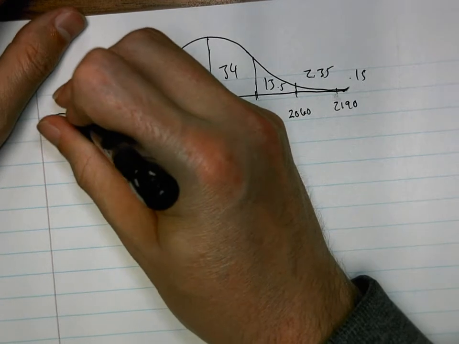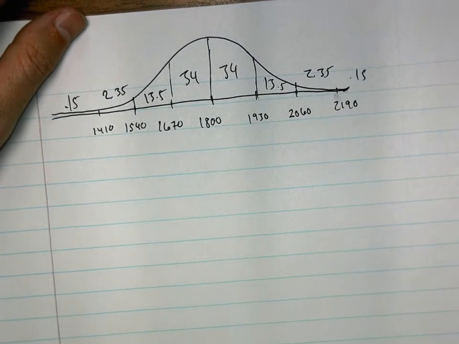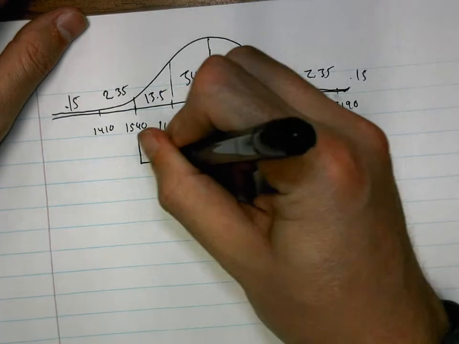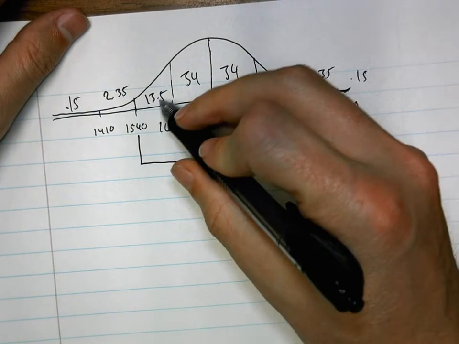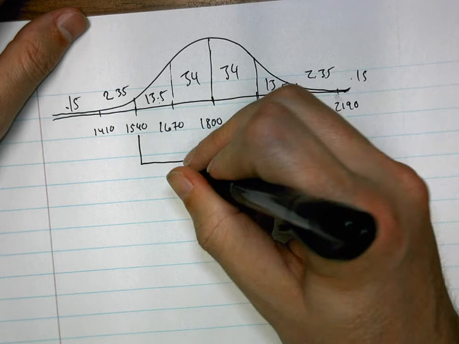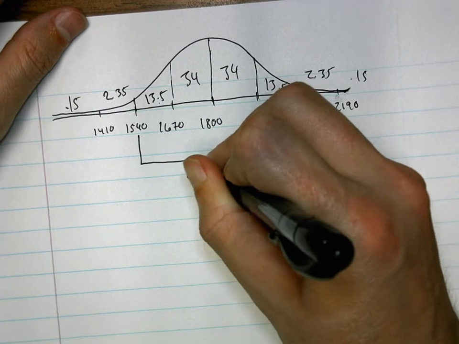So what percentage of the data is between 1540 and 1930? That's all of this part here. So 13.5 plus 34 plus 34 is 81.5%.